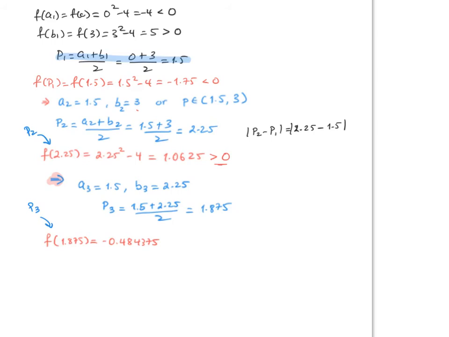While in this one, P3 minus P2, that will be 1.875 minus 2.25, and you can see that this is getting closer. So you will have to have a place where you will have to stop. This is less than 0.001 or so forth.